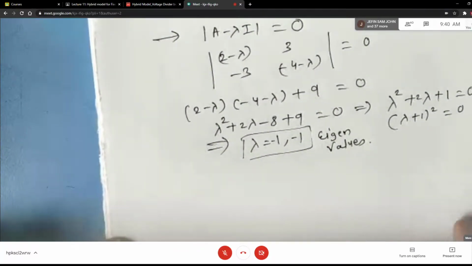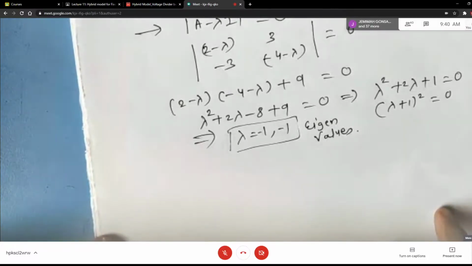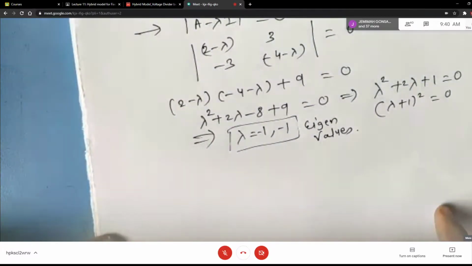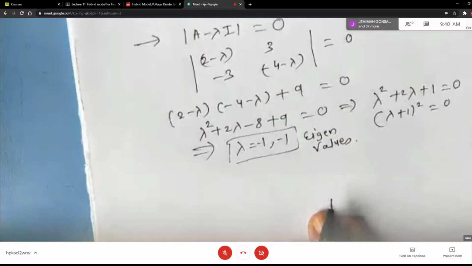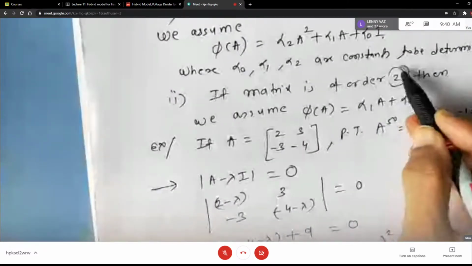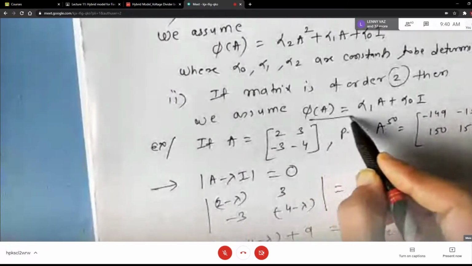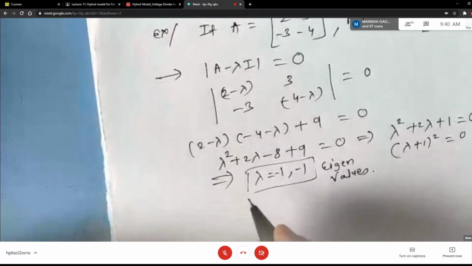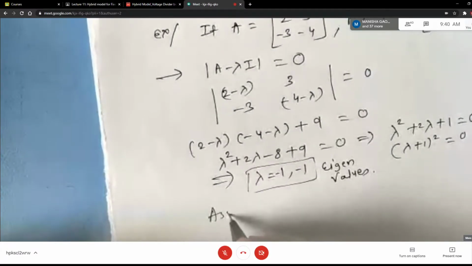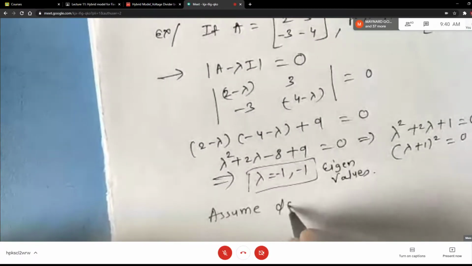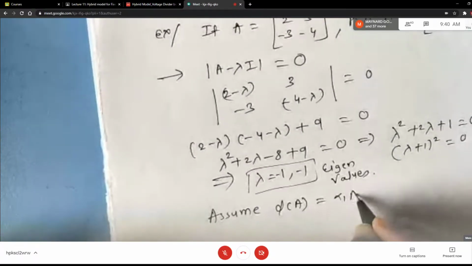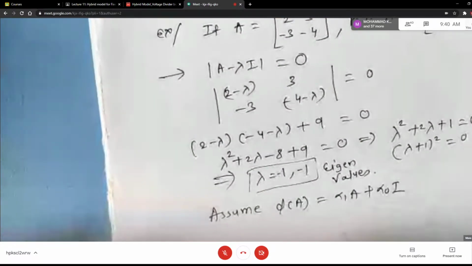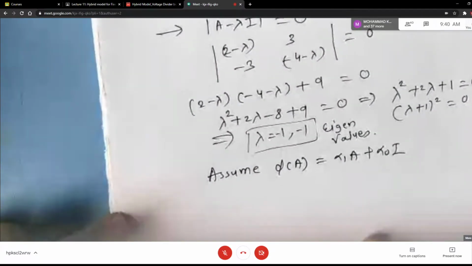As these eigenvalues are repeated, we are going for the general method. And what does the general method say? See, this is a matrix of order 2, right? And therefore, what is our polynomial function? Phi of A is equal to alpha 1 A plus alpha naught I. So, the same I am writing, assume phi of A is equal to alpha 1 A plus alpha naught I. This is given in the method itself.